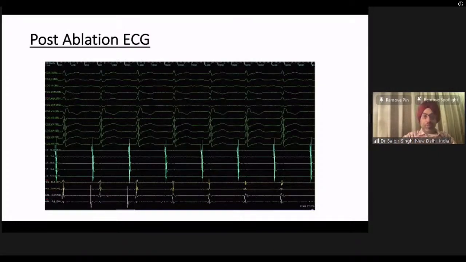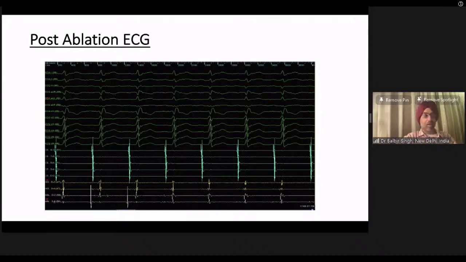However, which I must show you that this is very common to happen. If you're going at the distal point of the ventricular insertion of this anteroseptal pathway, there is a chance of a right bundle branch block. This patient did develop a right bundle branch block, which persisted till next morning. And at 1 month also, this right bundle branch block is persisting.